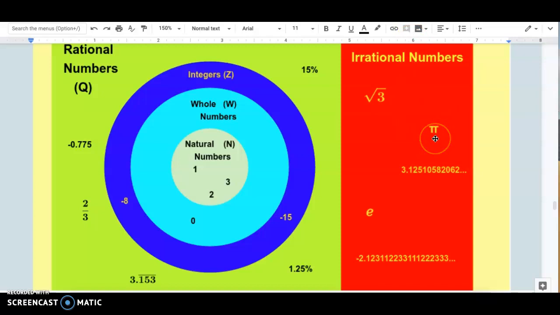So when it prompts you, I want you to do the checklist and tell me all of the number types pi fits into. Then let's go ahead and use -15. I want you to tell me all of the number types that -15 fits into.